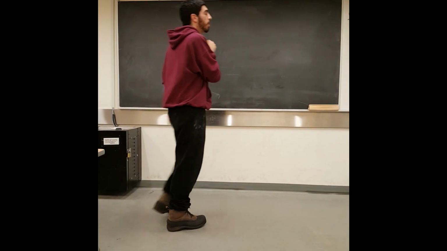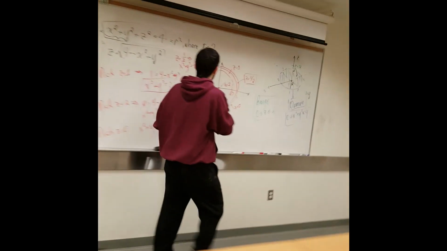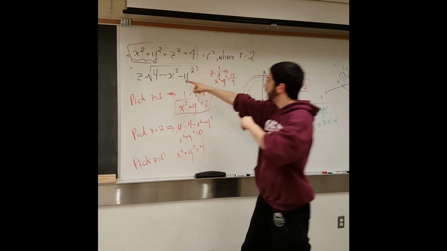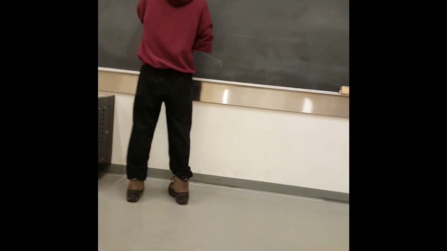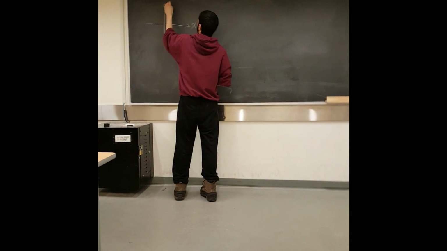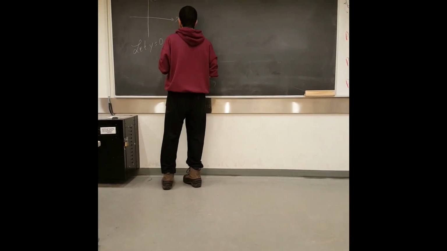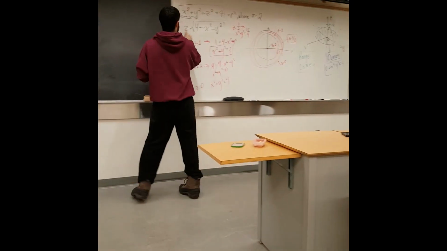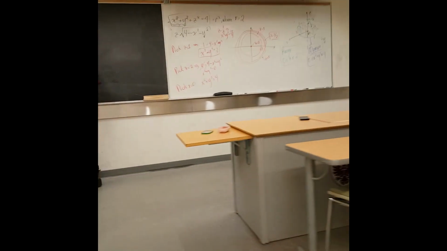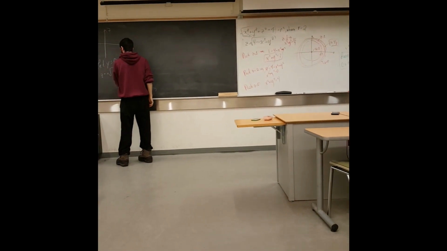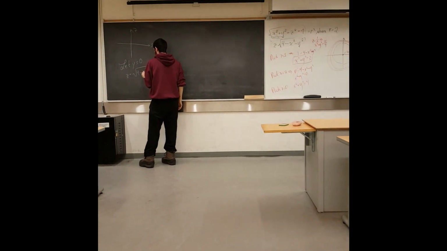Last part. We've done the contours. We've done the level surfaces of this thingy. The only other thing we need to do is draw it and see what it looks like in the xz plane. So we let y equal 0. When y is equal to 0, we get z equal to the square root of 4 minus x squared.